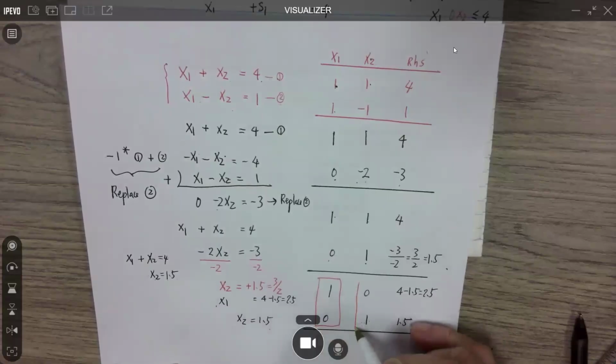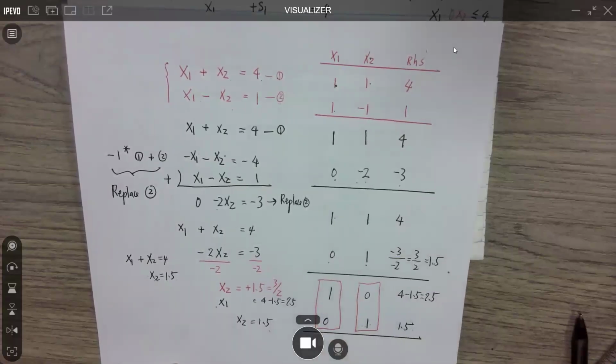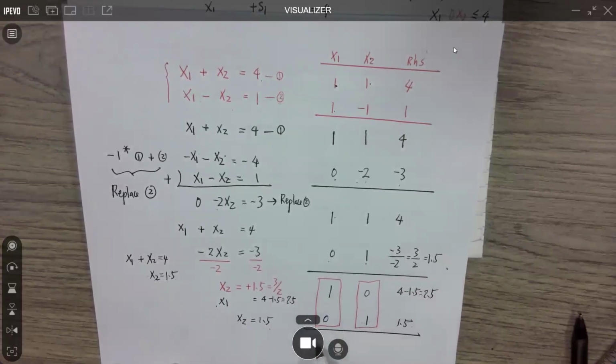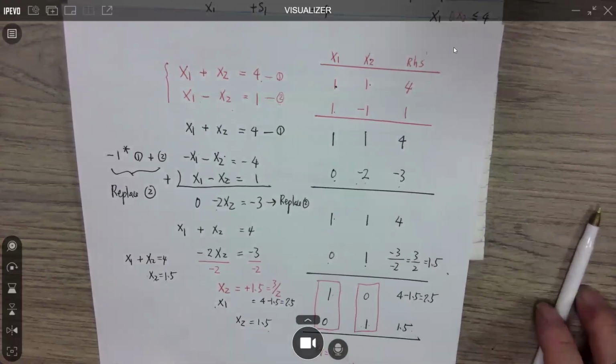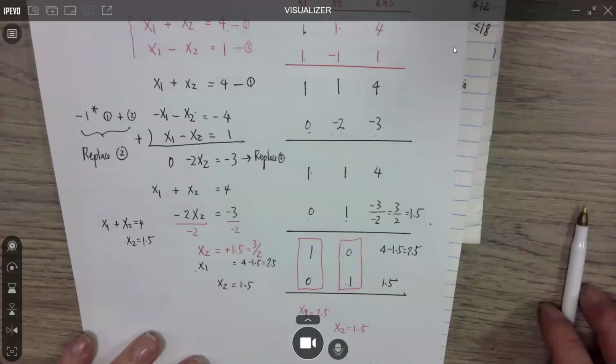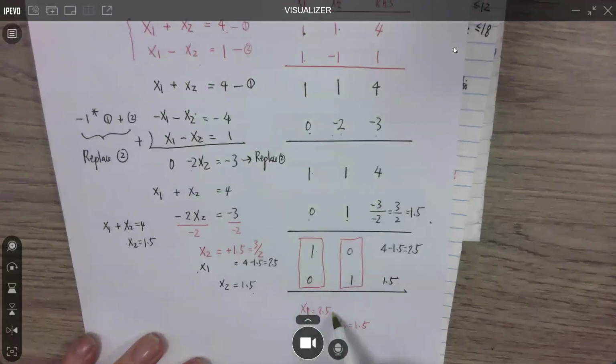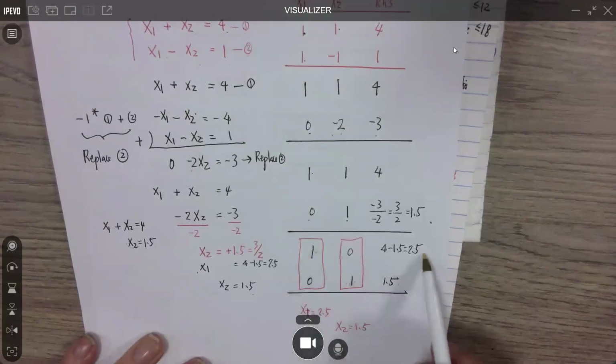1, 0, 0, 1. If you stop at the form 1, 0, 0, 1, you can find x1 is 2.5. What's x2? x2 is 1.5. So you have to stay like this. 1, 0, and 0, 1. That's the reason why you want to stay with this one. If you use 1, 0, 0, 1, that means you can actually read the answer from the table directly.